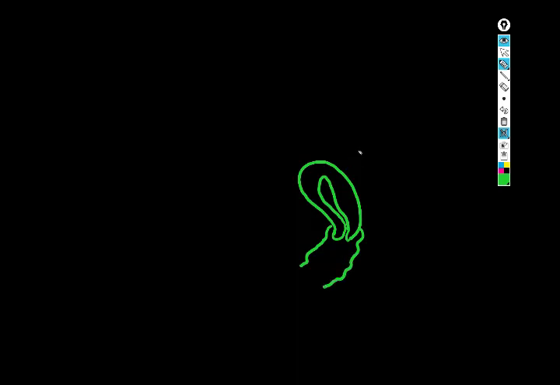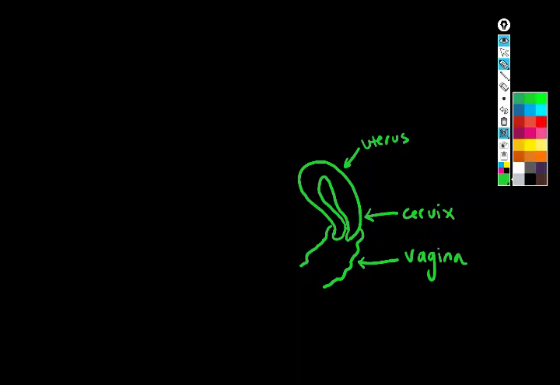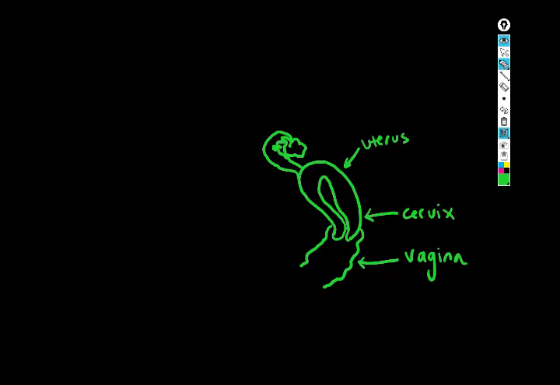So let's label that. Okay, so let's do this. Here's an ovary, and then here's a little fallopian tube coming off from the side. And I'm not going to draw the other one.